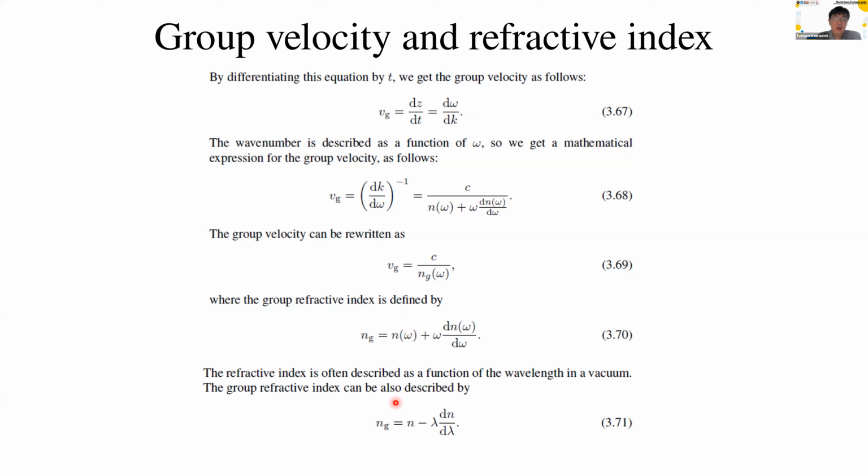I skipped the detail, but anyway, we can define the group refractive index. Just by using this, we can define the speed of the signal.